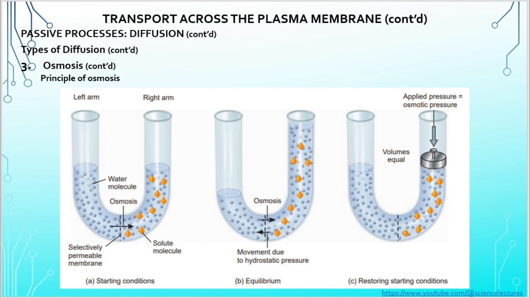The pressure exerted in this way by liquid, also known as hydrostatic pressure, forces water molecules to move back into the left arm. Equilibrium is reached when just as many molecules move from right to left due to hydrostatic pressure as the same number move from left to right due to osmosis.